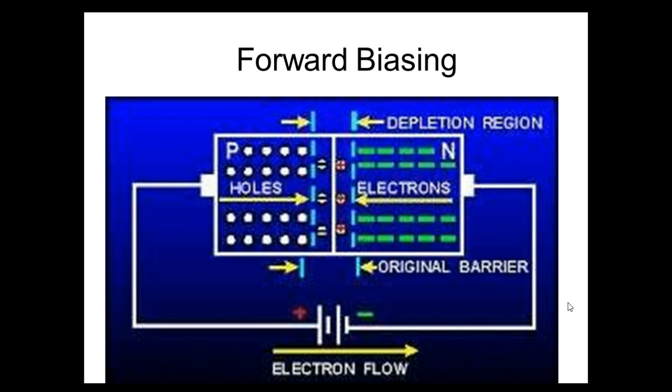Summarizing, in p-type semiconductor, holes are the major charge carriers and electrons are the minority charge carriers. In a similar manner, in n-type material, electrons are the major charge carriers and holes are the minor charge carriers.